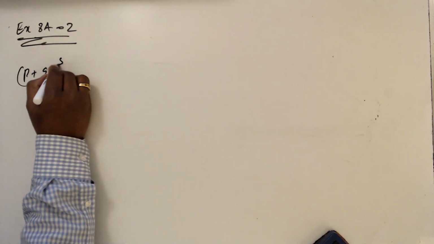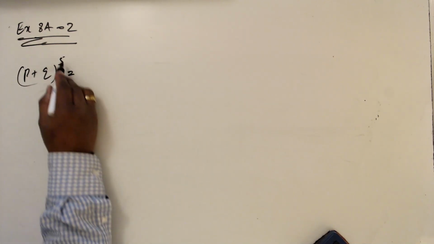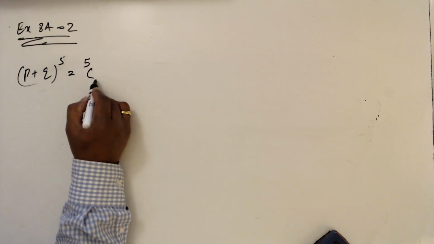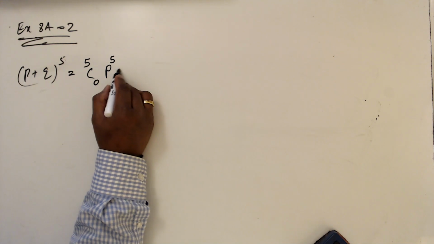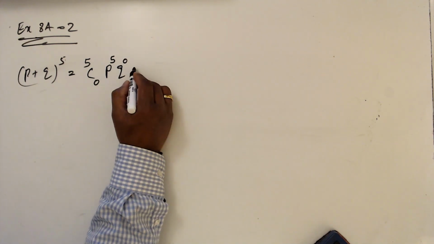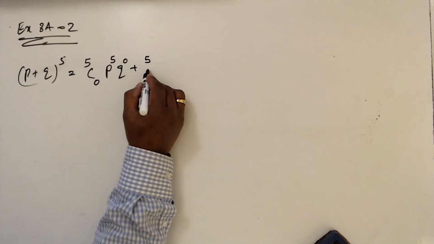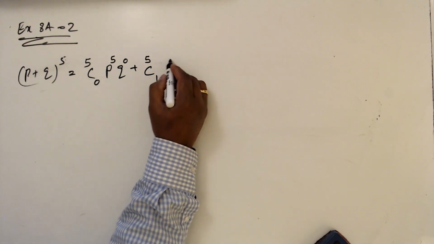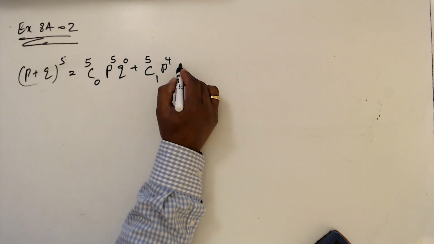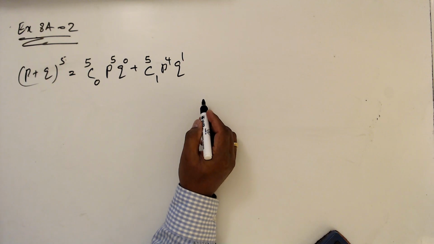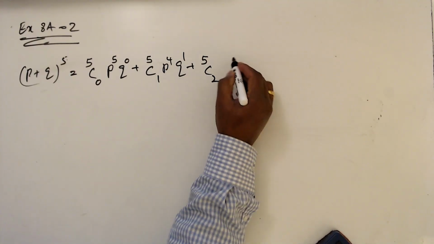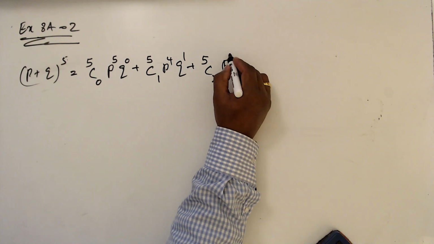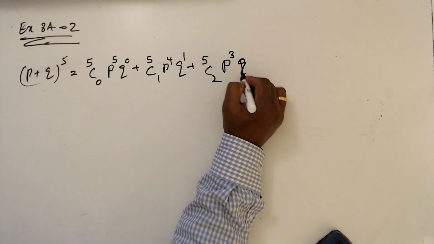Now the Pascal triangle for power 5. If it is 5, 5C0 p^5 q^0, then 5C1 p^4 q^1, 5C2 p^3 q^2.